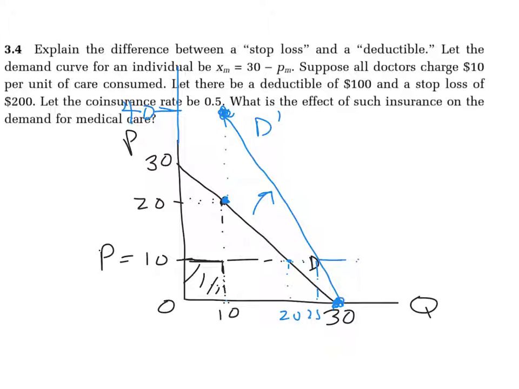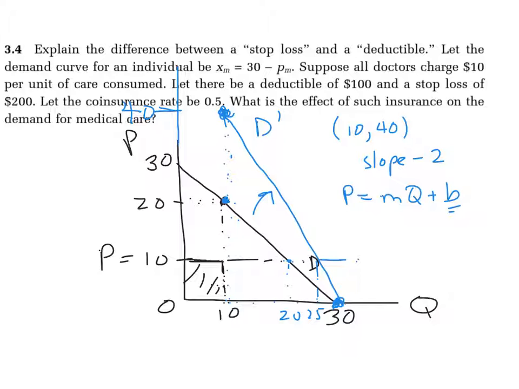Let me show you how to calculate that. Basically, I know that the point 10, 40 is on that curve, and I can see that a rise of 40 and a run of 20 is the slope of that line. So slope is -2, and then I can use the general P equals MQ plus B format to figure out my y-intercept.